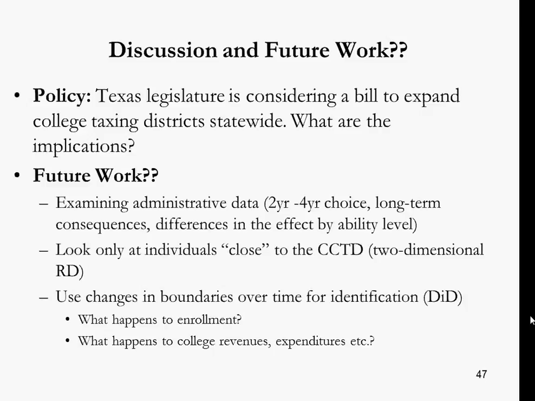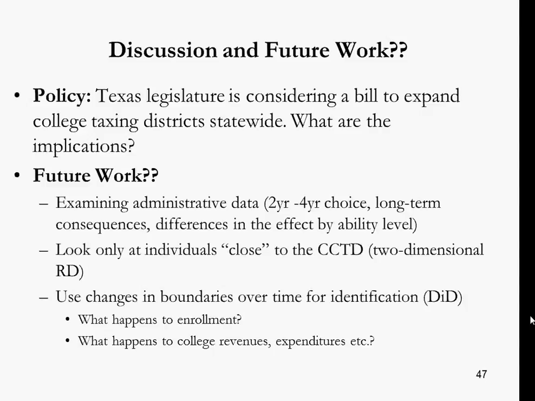The other thing we're doing is trying to exploit this change in the boundaries over time using a difference in difference estimation. There are several changes that we've examined, and we're going to look at not only what happens to enrollment in terms of individual students, that's on the demand side, but also what happens to the colleges.